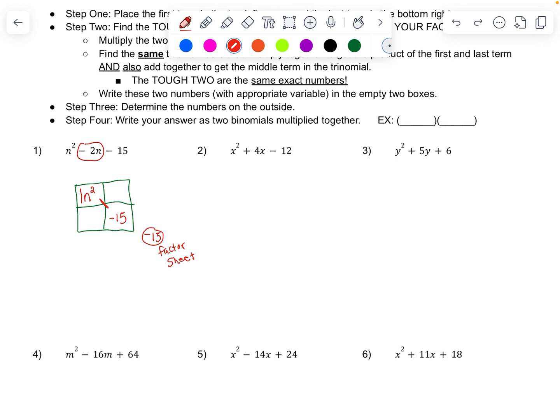So to know which pair to use, the 1 and 15 or the 3 and the 5, we look right here at that middle term. They need to add to get negative 2. So on this problem, the two numbers need to multiply to get negative 15. That's where this is coming from. And they need to add to get negative 2n. That's where that one is from.